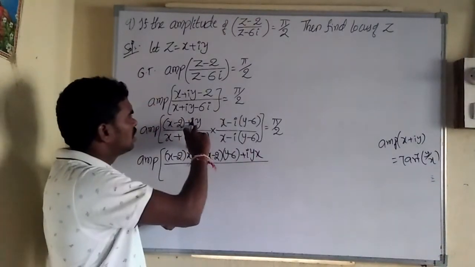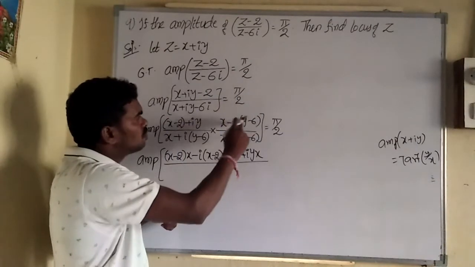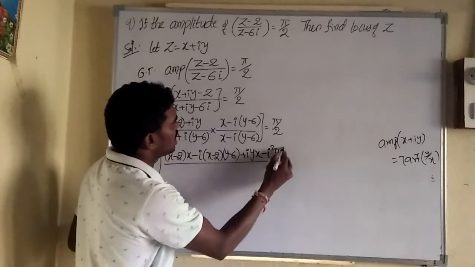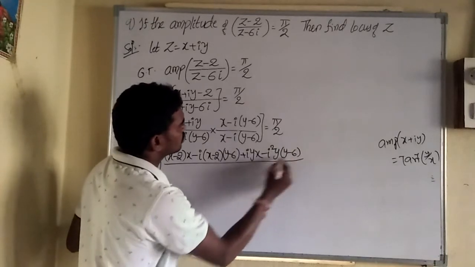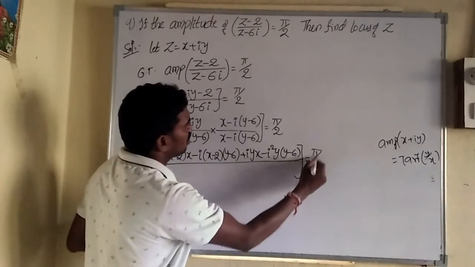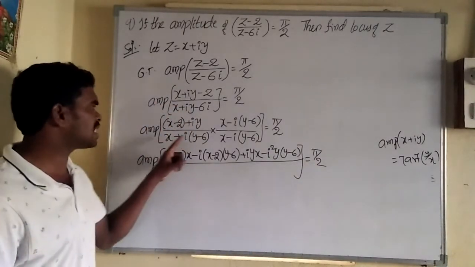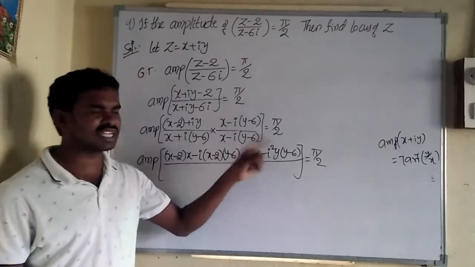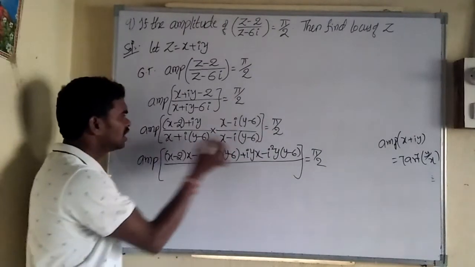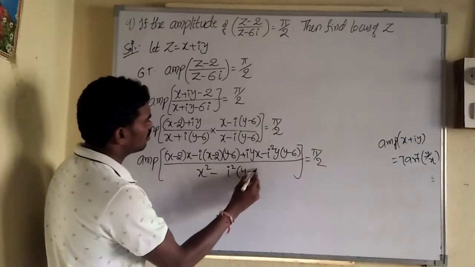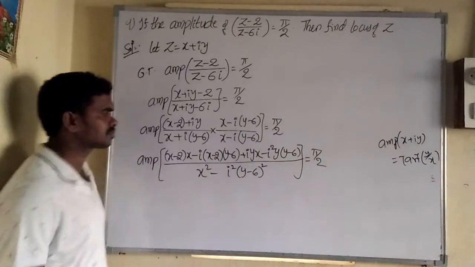Next, plus iy into minus i(y minus 6), which is minus i squared y(y minus 6), is equal to pi by 2. What about the denominator? As I told you, (a plus b)(a minus b) is equal to a squared minus b squared. So like that, x squared minus i squared (y minus 6) whole squared.